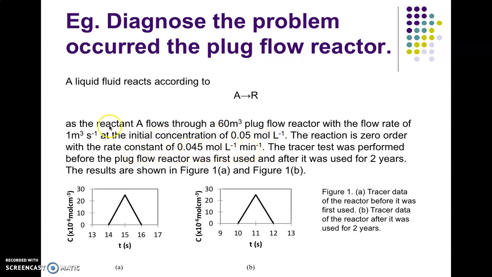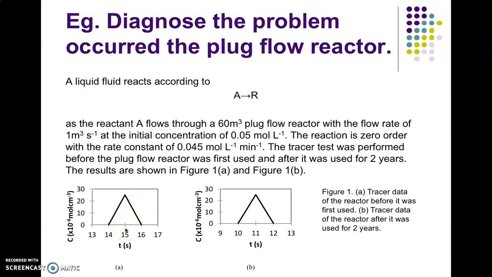The volumetric flow rate V0 is 1 meter cube per second. The tracer test was performed, and the initial C curve will produce this kind of data. You can see that tau is more or less around 15 seconds.